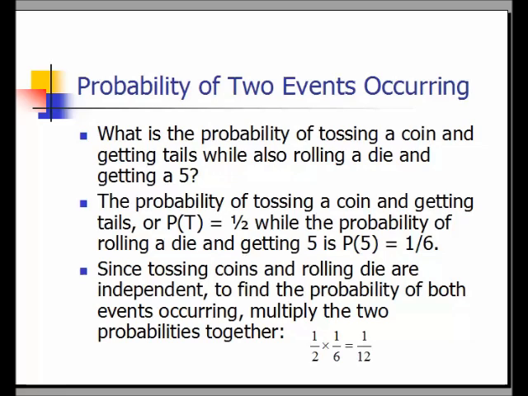Since tossing coins and rolling dice are independent events, to find the probability of both events occurring, multiply the 2 probabilities together. 1/2 times 1/6 equals 1/12. Therefore, the probability of both tossing a coin and getting tails and rolling a die and getting 5 is 1/12.